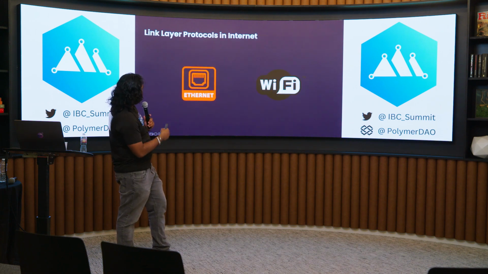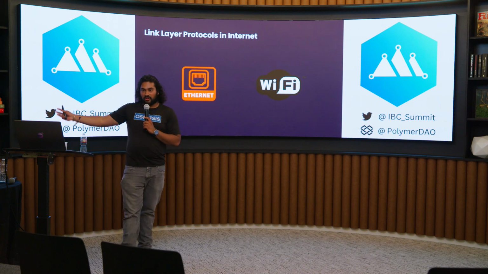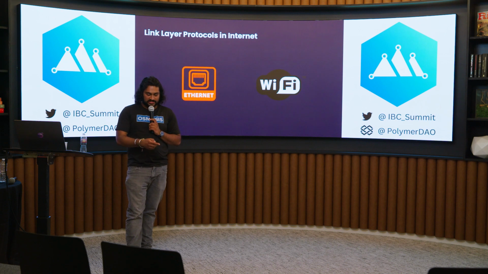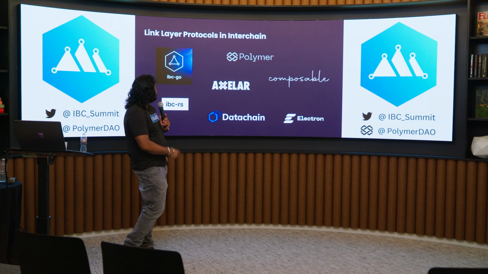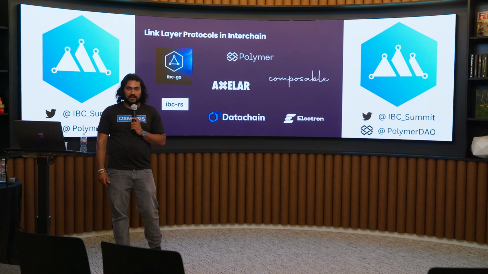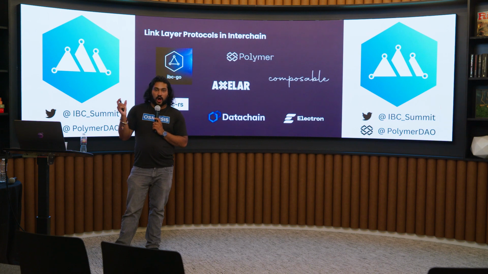In the internet, you have link layer protocols like Ethernet and Wi-Fi. There are many more, but the biggest ones are these. Obviously, there are different types of Wi-Fi standards as well. And you get a similar thing happening in IBC, right? Today the most popular link layer method is IBC Go, which is used primarily between the Cosmos SDK blockchains. But there's a lot more being built right now.